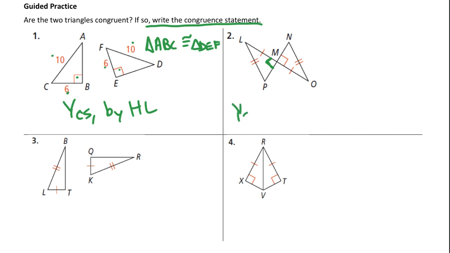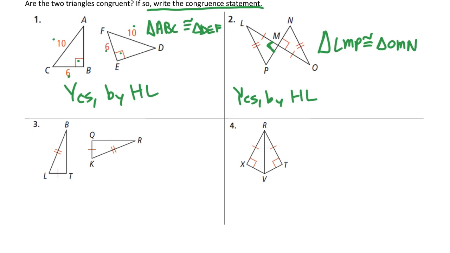So I'd say yes by HL again. And then my congruent statement, triangle, and it's really your choice. I'm going to say LMP is congruent to triangle OMN.